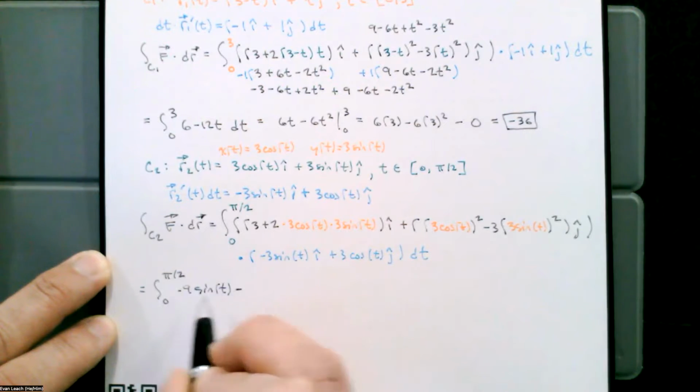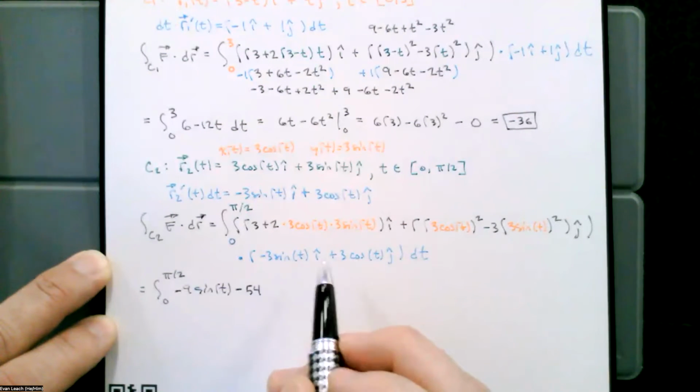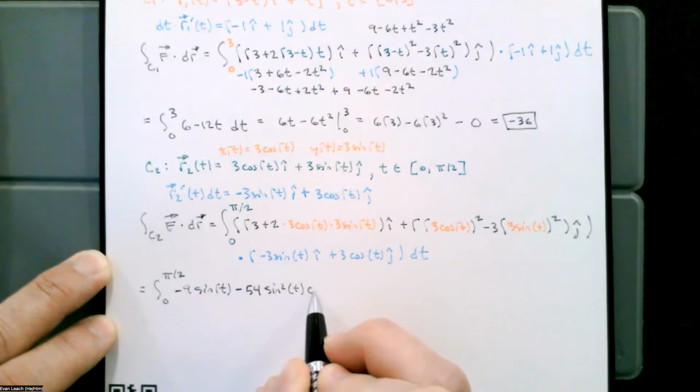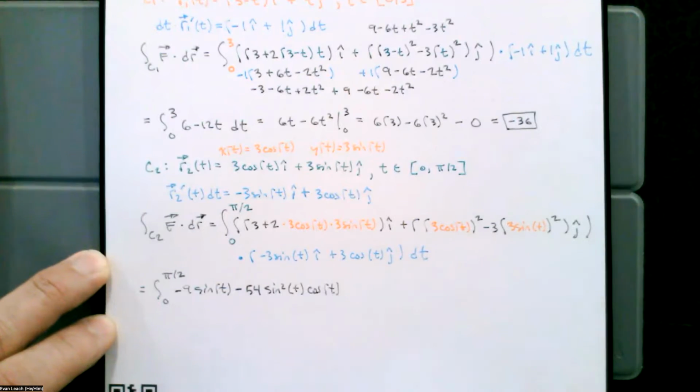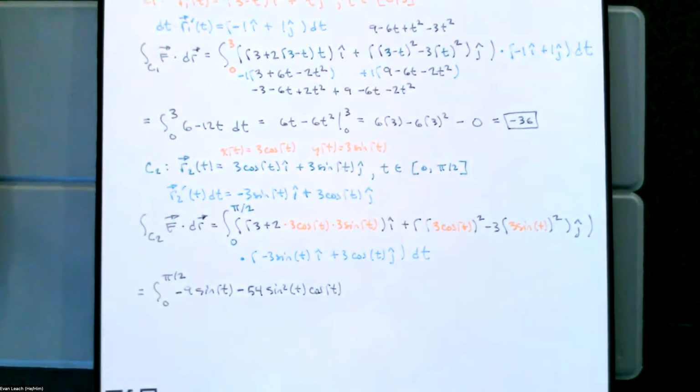So minus 54 sine squared t cosine t. This is the product of my i components.